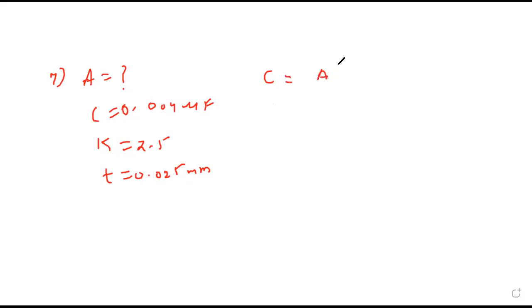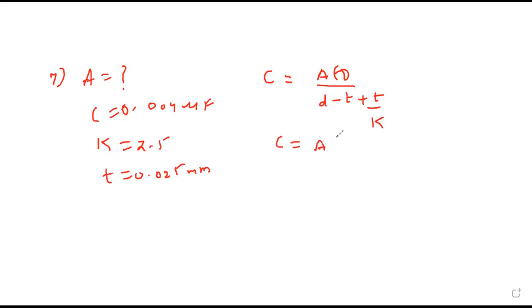A epsilon naught upon d minus t plus t by k is our formula for capacity with dielectric. Now distance is not given, which means d and t are equal.